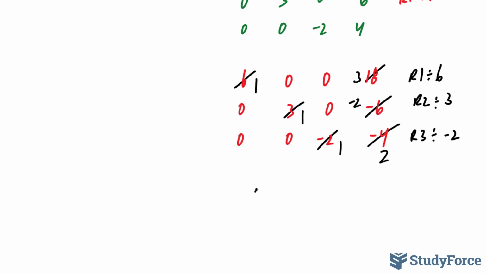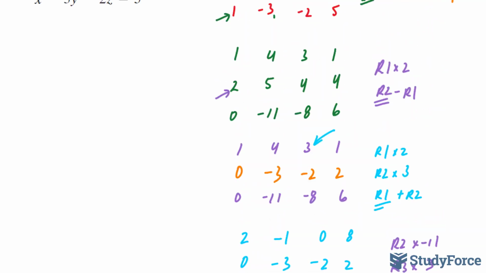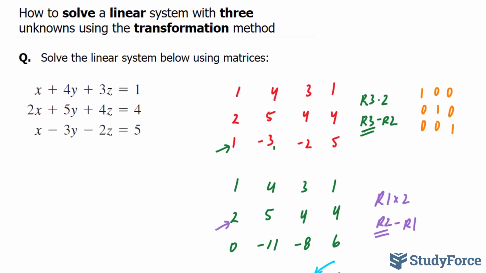This tells us that our x value, this one, is 3, our y value is negative 2, and our z is positive 2. 3, negative 2, and 2 is the point of intersection for the linear system shown here. Here's a look at the work we've just done.